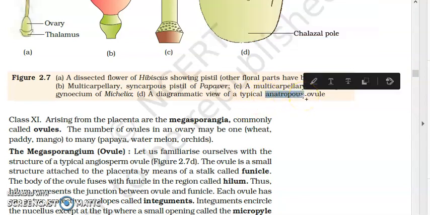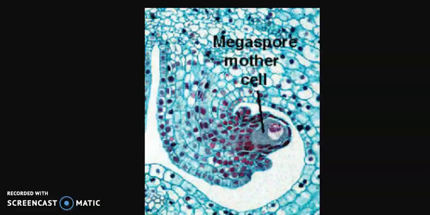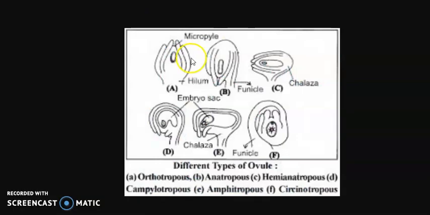So this brings us to the fact that ovules are of very different types. I'm quickly going to share with you the structure. How are the ovules present? And this is going to be your assignment.